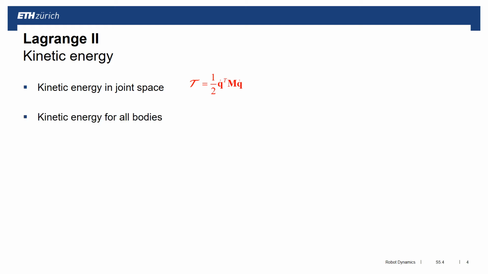We can also look at the kinetic energy for all the bodies, which is nothing else than the linear energy, which is the mass of the body times the velocity squared of the body at the center of gravity. And then we have the rotational energy of a rotating body, which is nothing else than the inertia tensor in the middle, pre-multiplied and post-multiplied with omega transposed and omega. So this is the rotational energy of a body, and this is the linear energy of one body, and I have to sum it up over all the existing bodies.